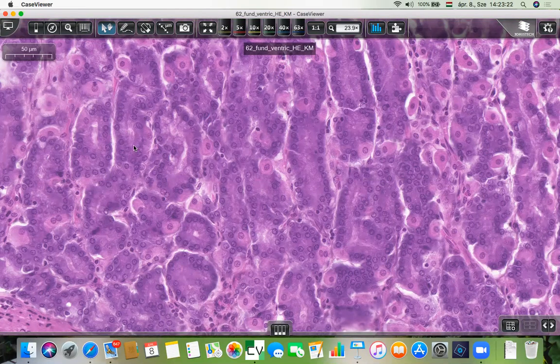Chief cells secrete pepsinogen, a typical enzyme for the digestion of proteins. We say "gen" at the end of the word because it is secreted in an inactive form. So the inactive pepsin, called pepsinogen, is secreted by the chief cells.